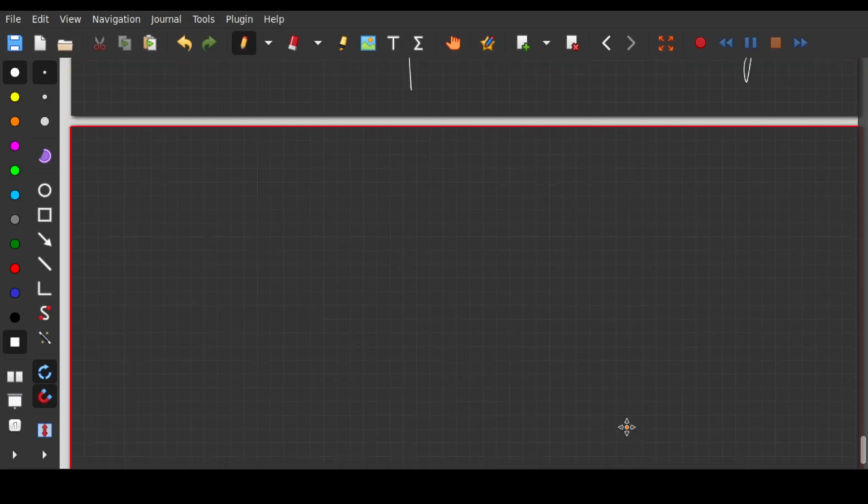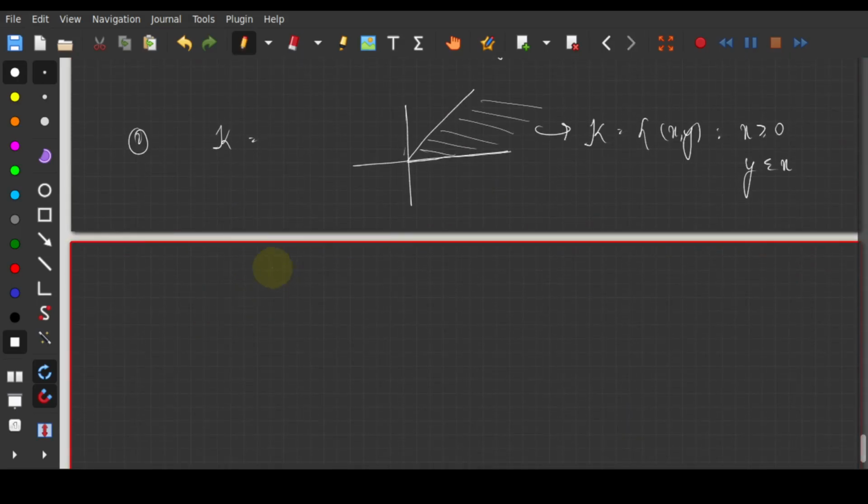So in this case, what is really the generalized inequality? If I take a point (x1, y1), then I'm saying that this is less than or equal to (x2, y2).